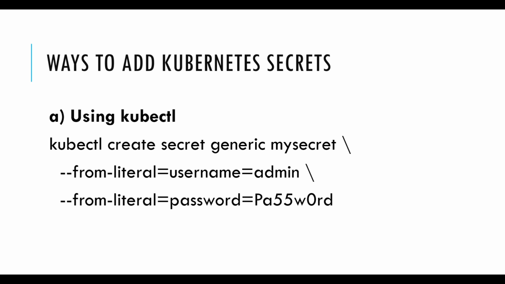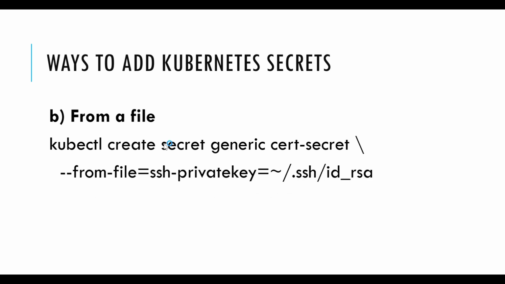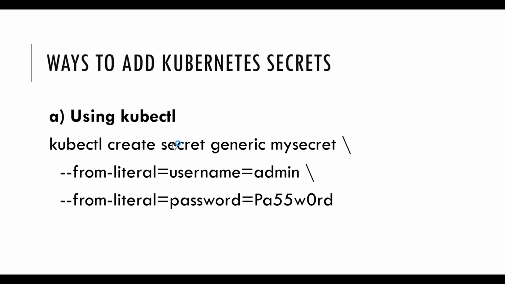Now, ways to add Kubernetes secrets. First of all, using a kubectl command. For this, you need to have access on the cluster. If you have access on the cluster and on the namespace, we need to add one more thing over here, hyphen n, if you want to create it for a particular namespace, and then the namespace name.